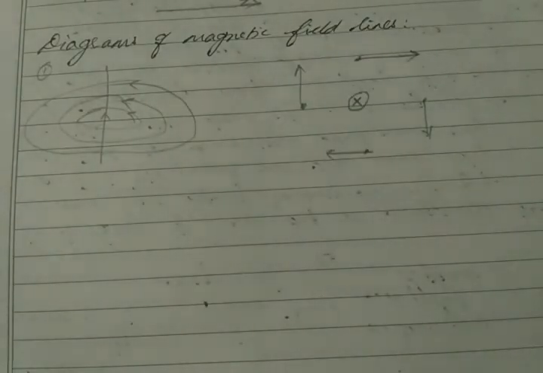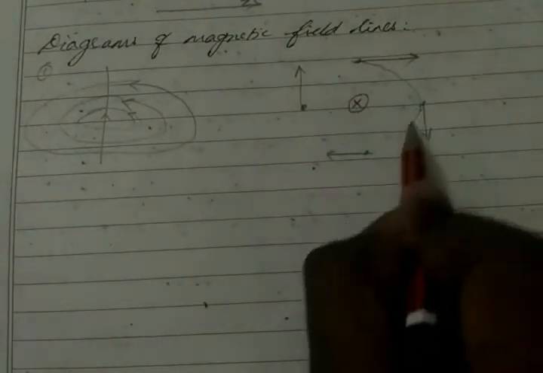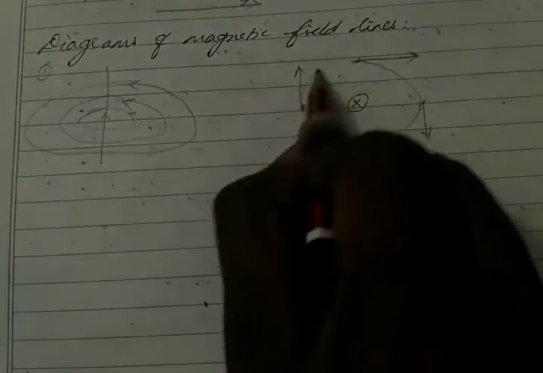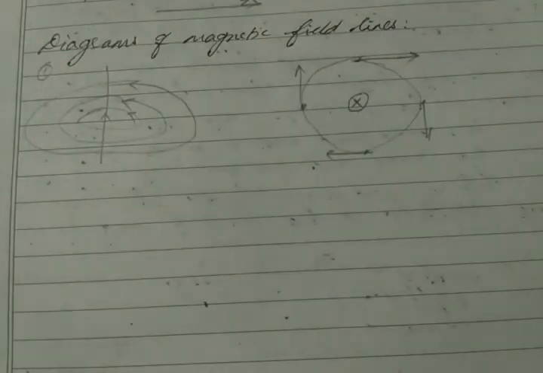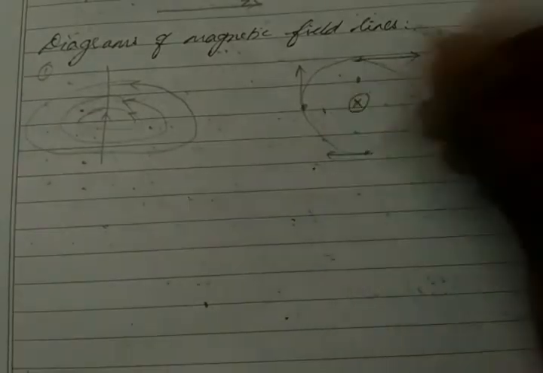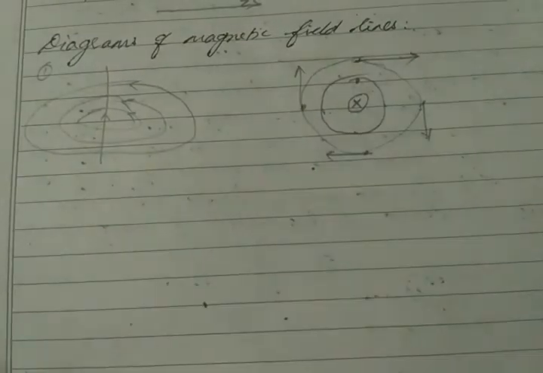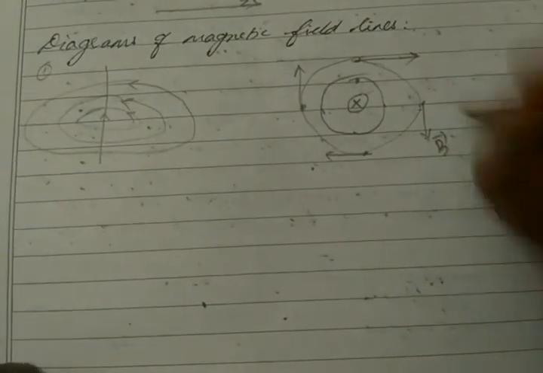So this is the direction of magnetic field at these corresponding points. If you take any point, then it will form a complete circle. Okay, it forms a complete circle. So this is the direction of magnetic field.